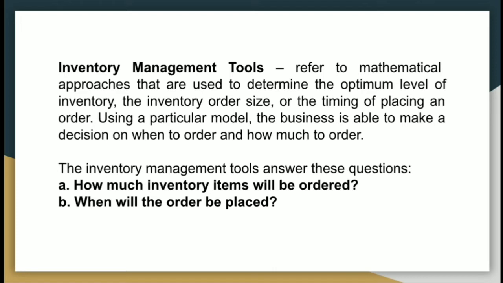Using a particular model, the business is able to make a decision on when to order and how much to order. So, again, these inventory management tools answer two questions. First is how much inventory items will be ordered, and second is when will the order be placed.